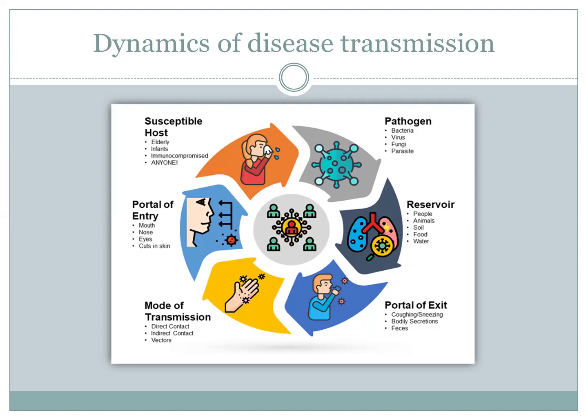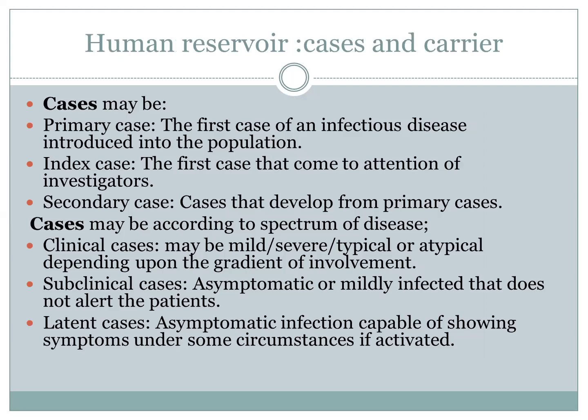And then portal of entry. This is the route through which the pathogen enters the human body. It can be from mouth, nose, eyes, and cuts in the skin. So another terminology includes cases and carrier. The cases may be the primary case, the first case of infectious disease introduced into the population.